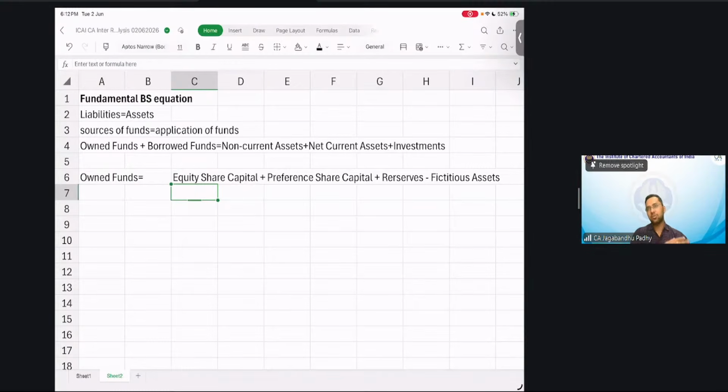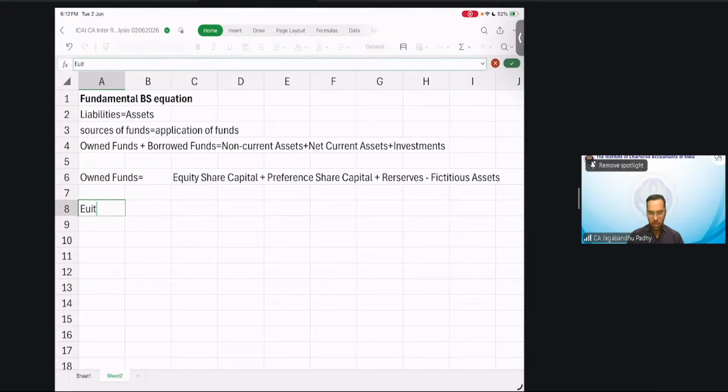That's shown on the asset side of the balance sheet sometimes. So those are your fictitious assets. These cannot be sold in the market for a value. They are actually not an asset, so we're going to subtract that, or I can simply say reserves are netted off against the fictitious assets. Okay, so that's your owned funds.